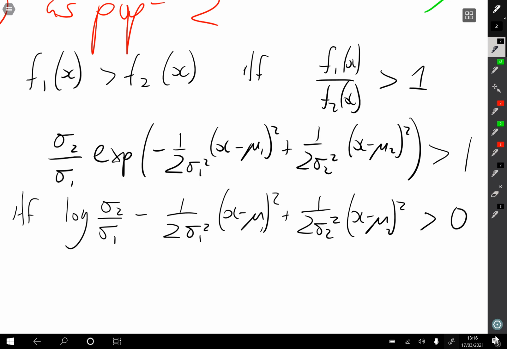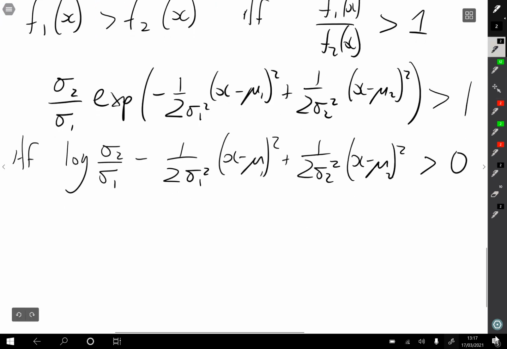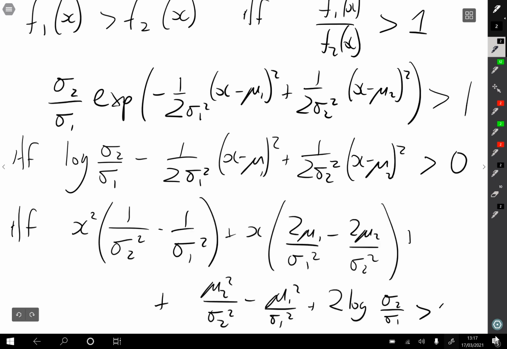And now if I collect terms in x, this is if and only if... well, let's collect the x squared terms up. We're going to get 1 over sigma 2 squared. Okay, so we get an expression like this.